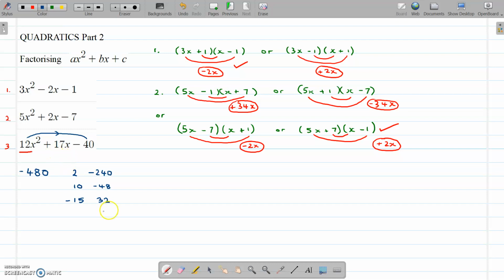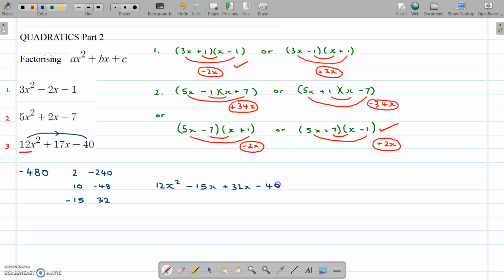So what I do now is I rewrite the expression by splitting the middle term up into minus 15x and plus 32x. So it looks like this: 12x squared minus 15x plus 32x minus 40.